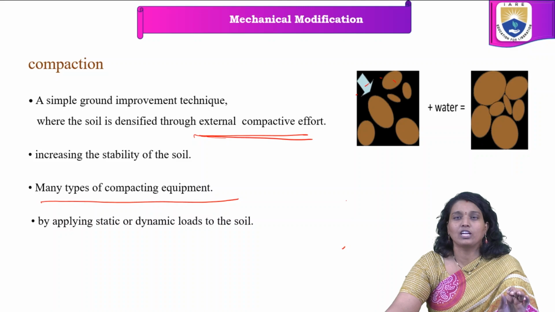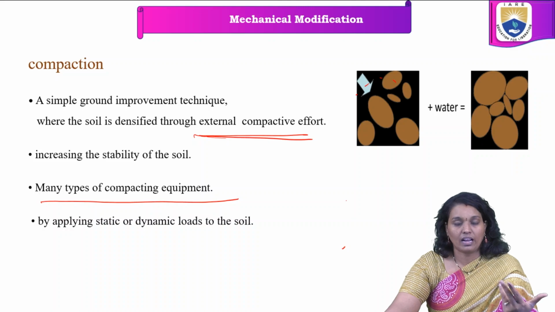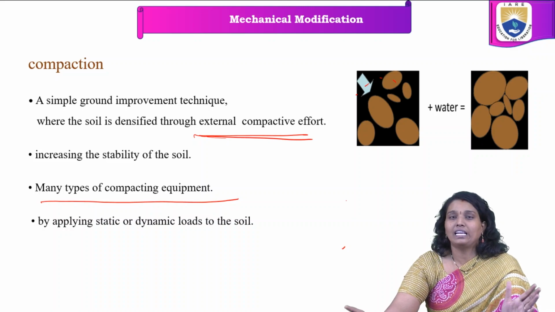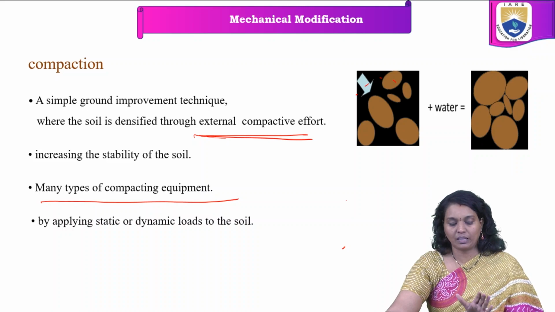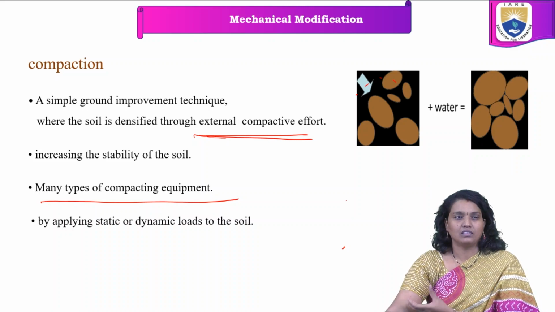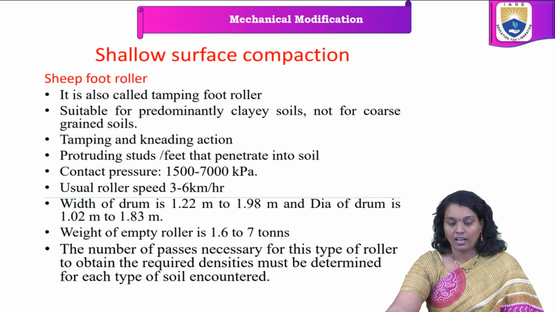Based on that we choose which type of equipment is suitable for the compaction. There are different types of compaction loads: static loads, and we may also apply dynamic loads. It depends on the nature of the soil, and based on that we apply.